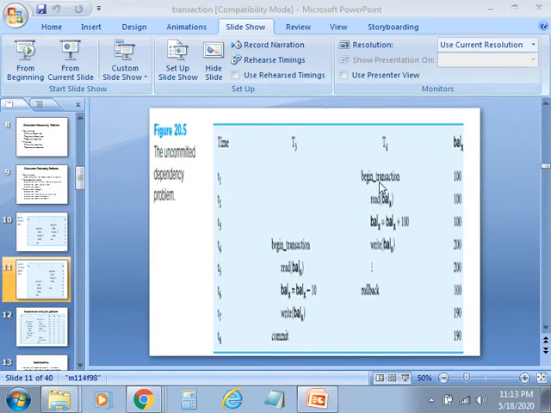So T4 has started, reading the balance and adding 100 rupees to the initial amount. But in between, before updating this new value to the database, it fails for some reason. So that is why the rollback command is used to go back to the previous state.